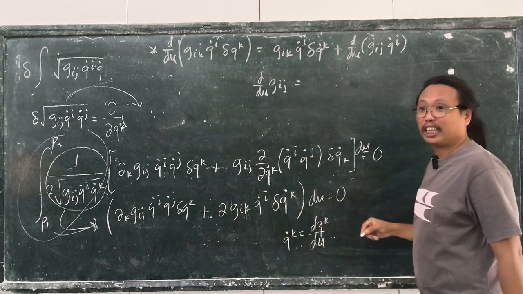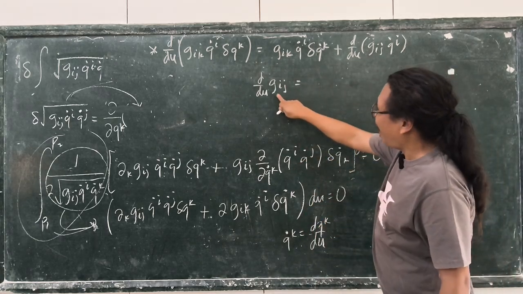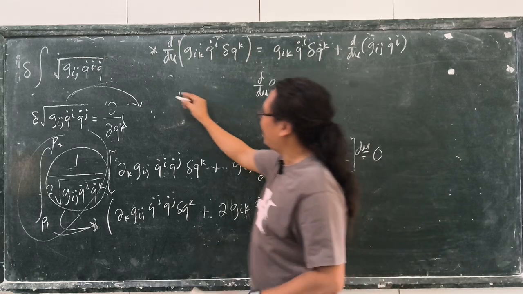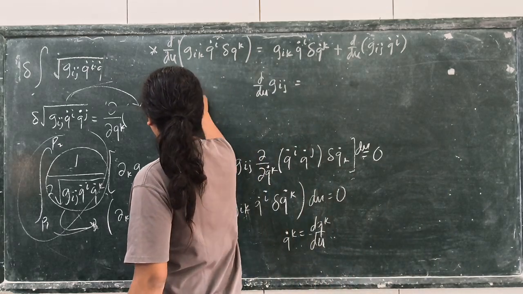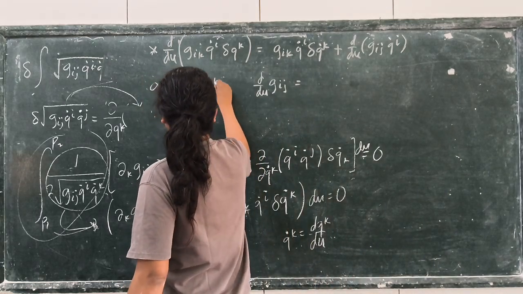Remember that Gij is a function of QK, right?